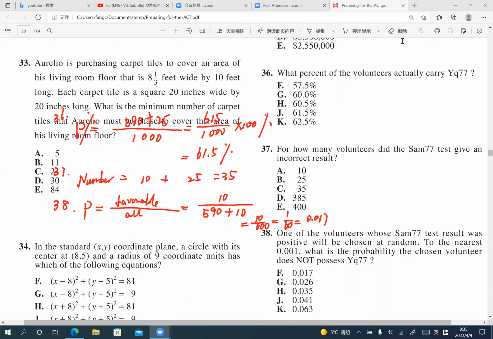In our question, the person is chosen from those whose SAM-77 test result was positive.